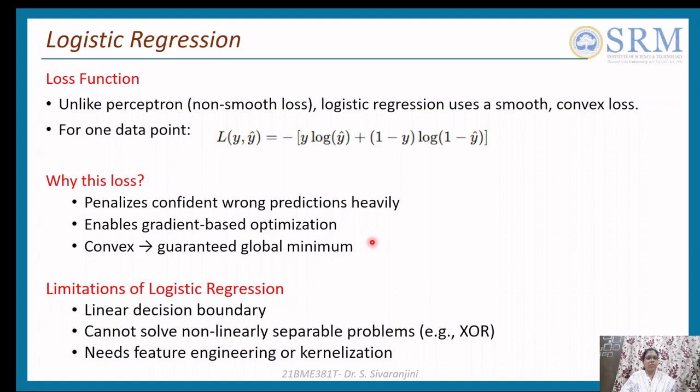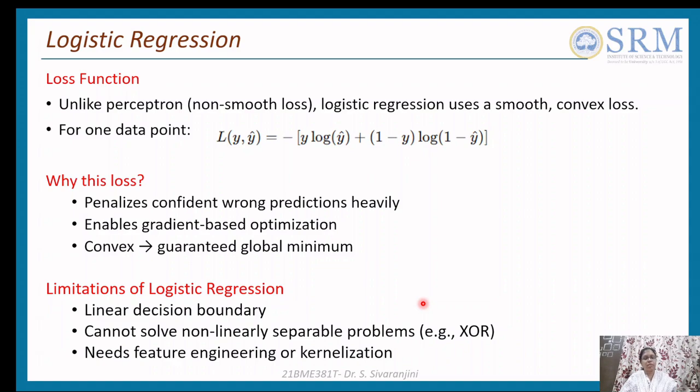So what are the limitations of logistic regression? Here we have a linear decision boundary and it is not able to solve non-linearly separable problems, which are similar to the problems faced by a simple perceptron. Even though we have a nonlinear activation function, the decision boundary still remains linear. We need feature engineering or kernelization to handle nonlinear patterns.